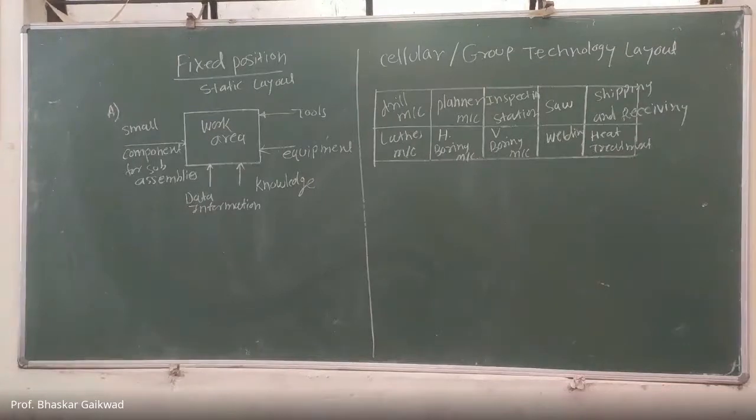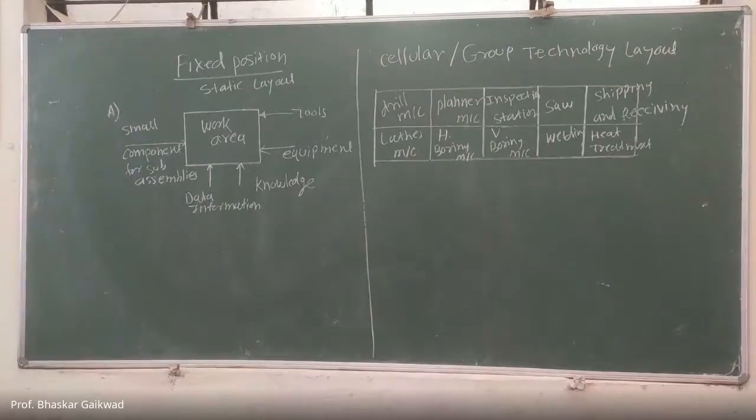This layout has certain advantages: flexibility is there, scope for future expansion is there, maximum utilization of equipment, meaning common equipment we can use, low investment is required, better working conditions, higher output rate, and better supervision and production planning and control. So these are the advantages.